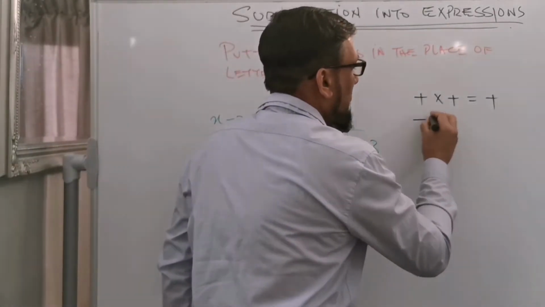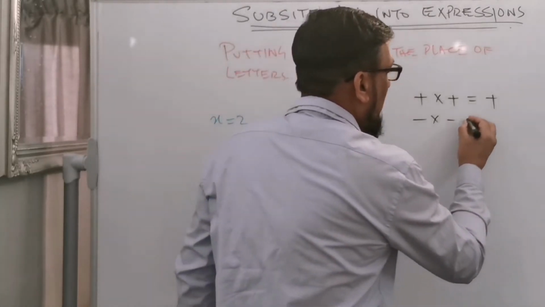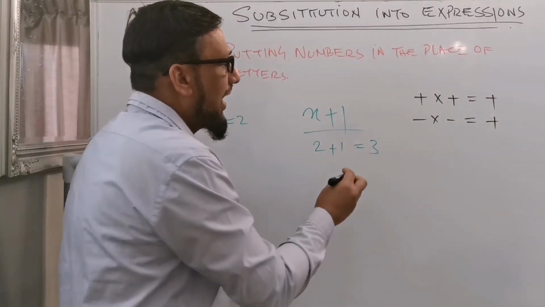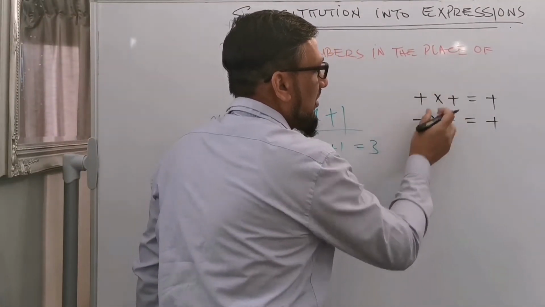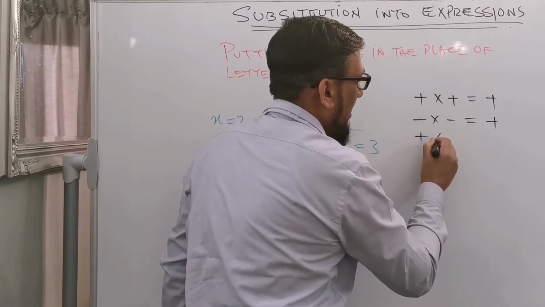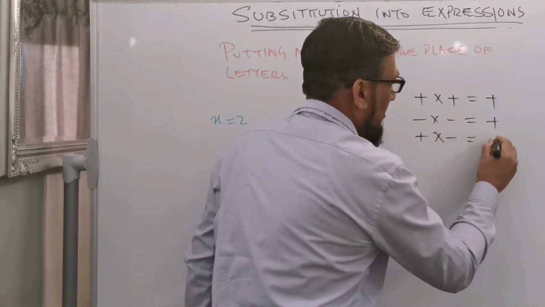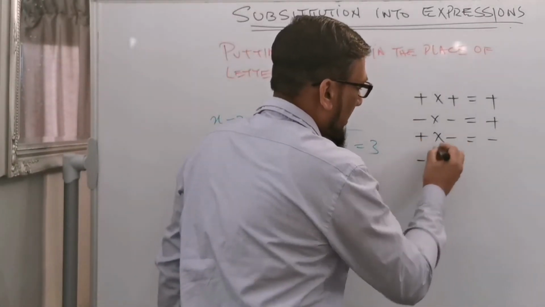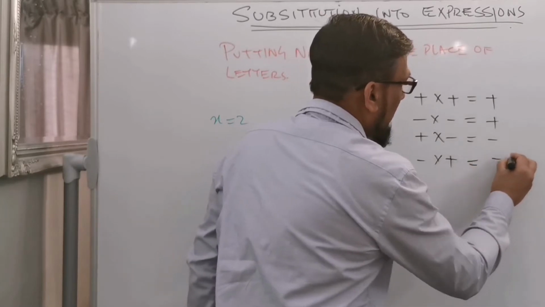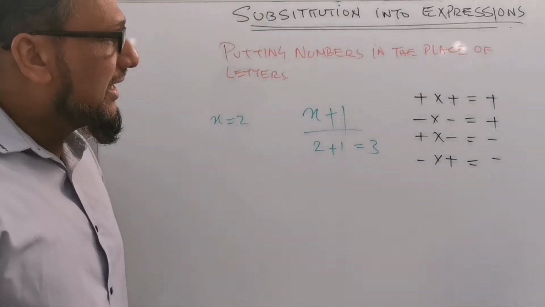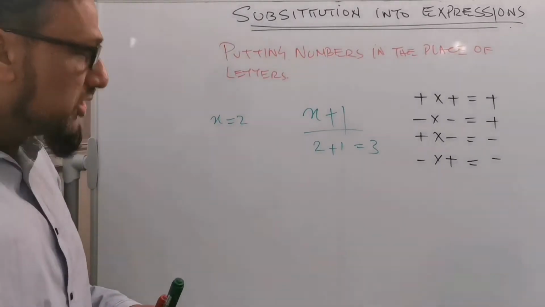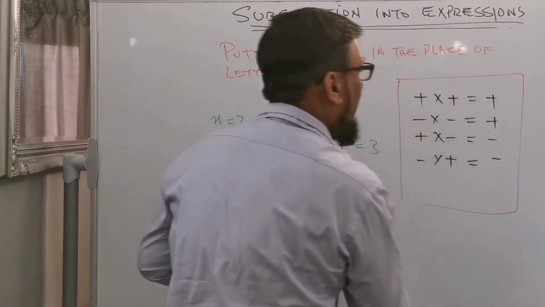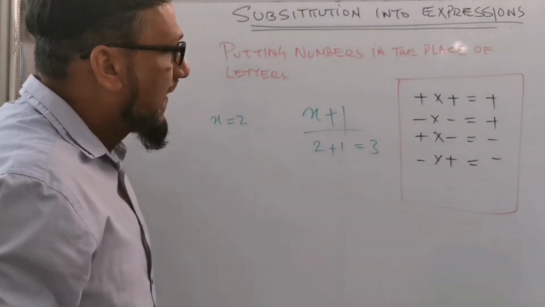If you multiply by minus, the answer will be minus. And if you do minus times plus, the answer will be negative, or minus. This is very important, especially when you are solving an expression.